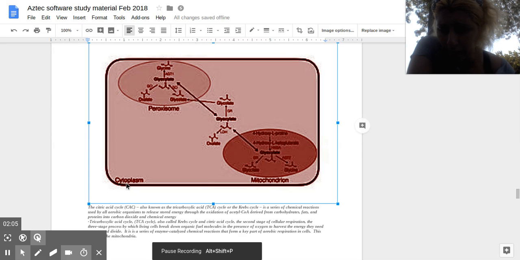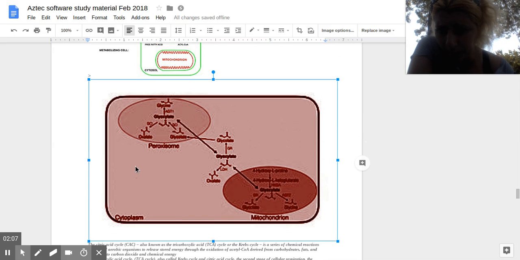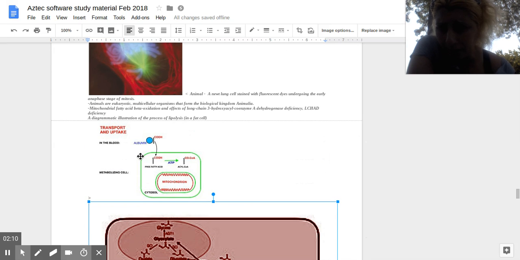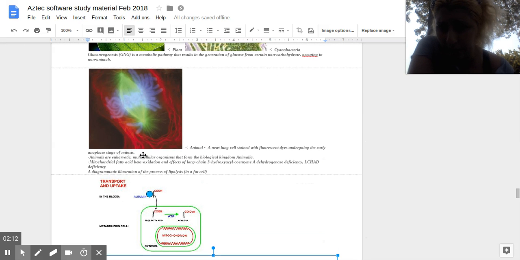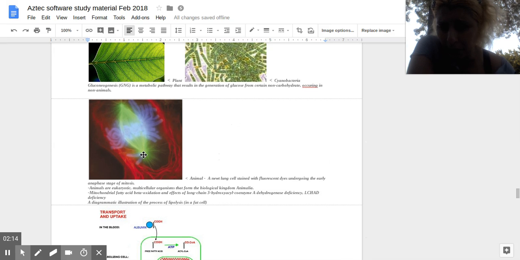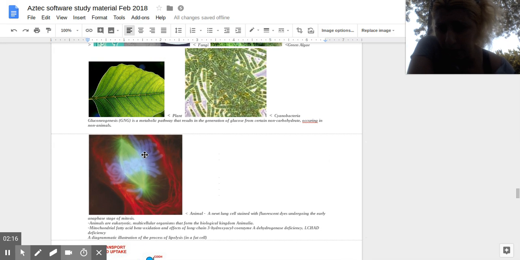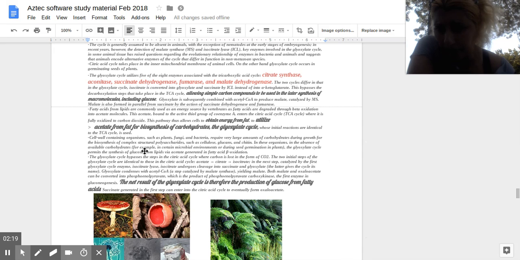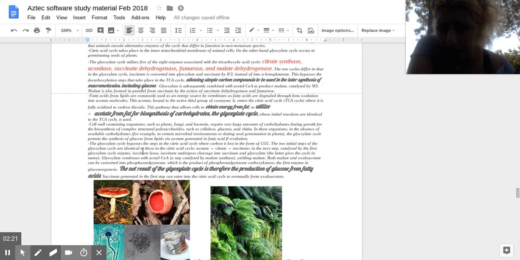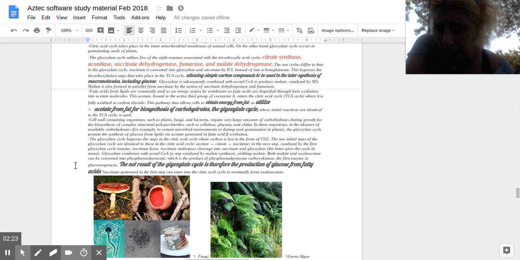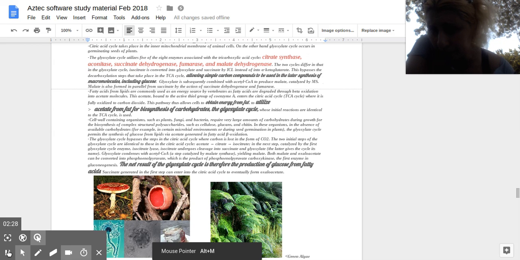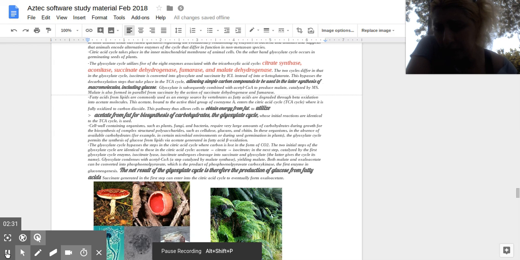However, in the glyoxylate cycle, the difference is that instead of carbon dioxide being released, the simple carbon compounds are used in the later synthesis of macromolecules, including glucose.